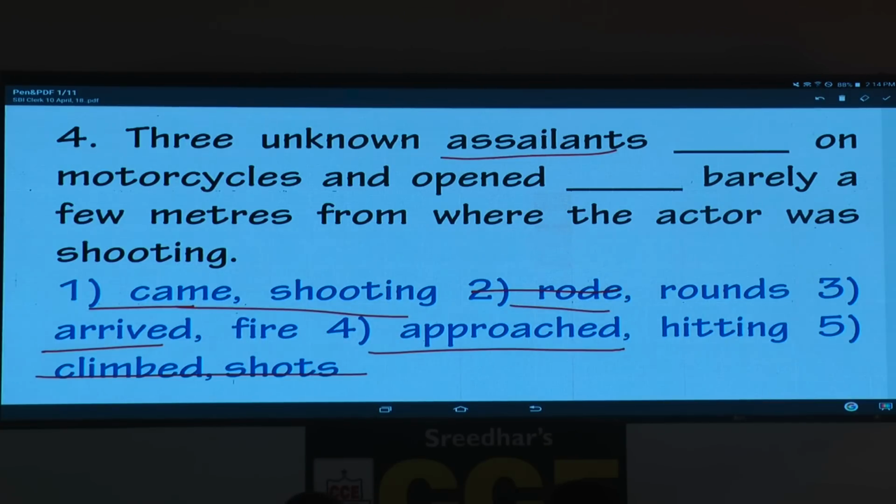So based on that, open fire. So how does the sentence go? 3 unknown assailants arrived on motorcycles and opened fire barely a few meters from where the actor was shooting. So perfect. So what is the answer here? The third option is the answer.